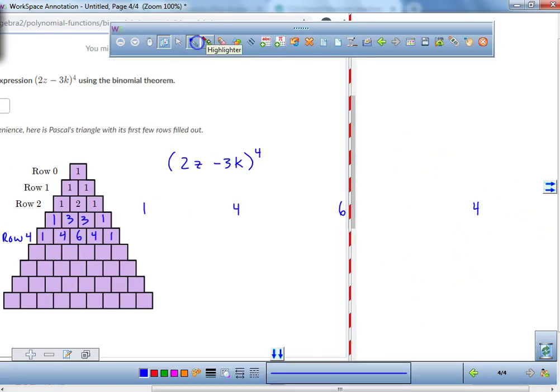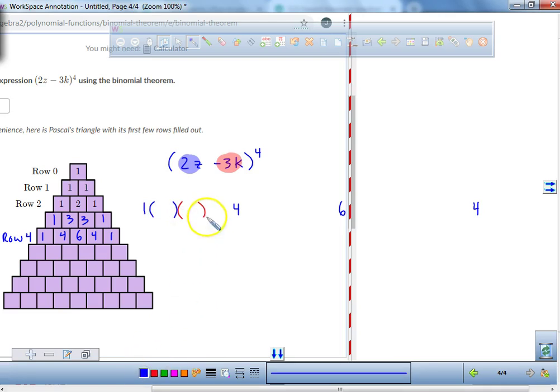I'm going to highlight the 2 numbers that I'm dealing with: 2z and negative 3k. We're going to be starting right here with 2z. We're going to raise that to the power of 4, and we're doing negative 3k to the power of 0.